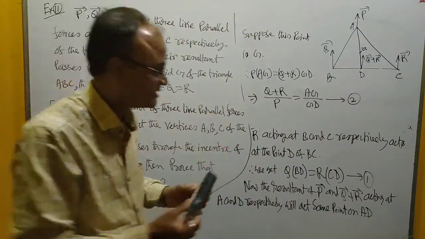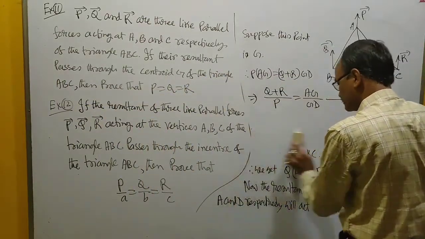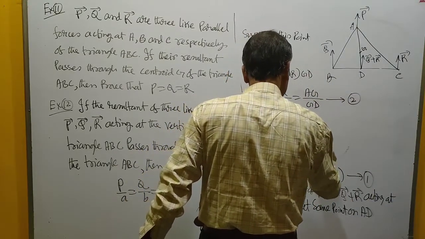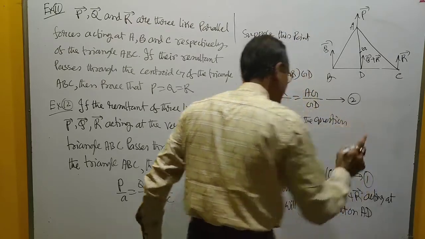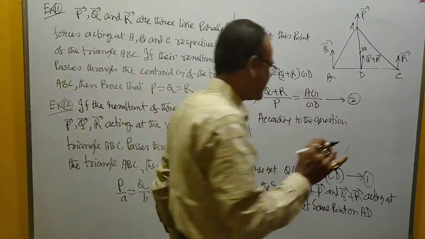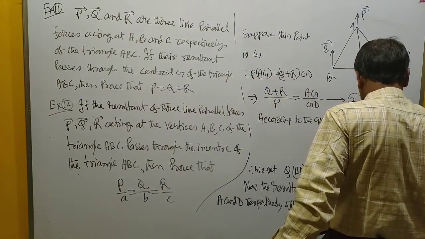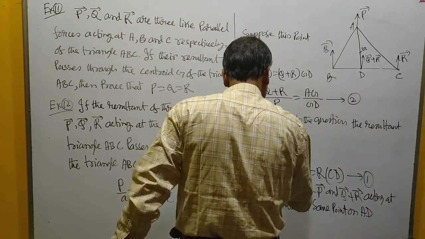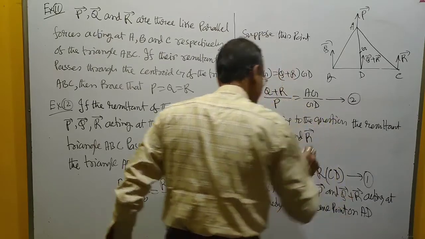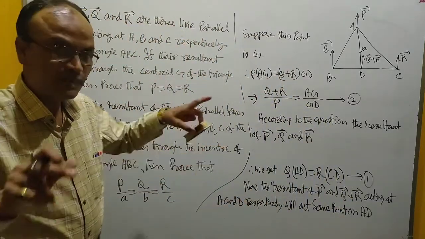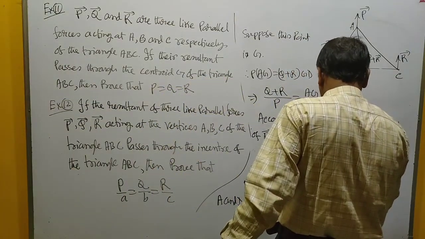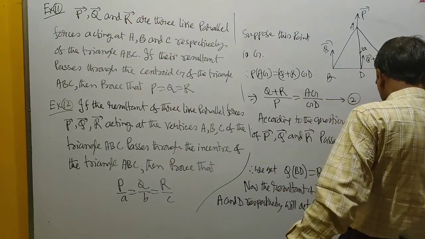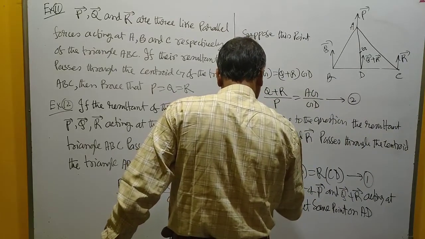According to the question, the resultant of P, Q, and R passes through the centroid of the triangle ABC.